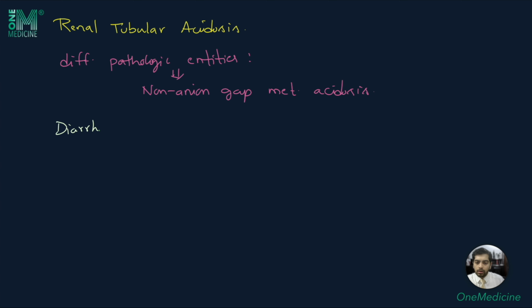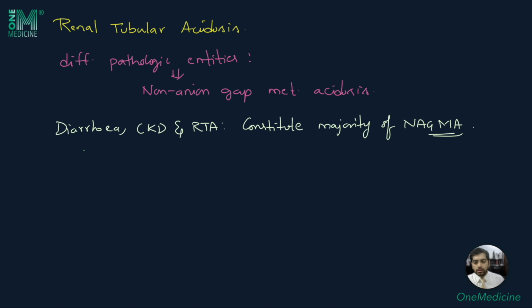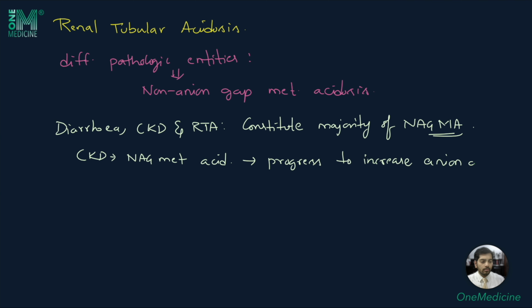Diarrhea, chronic kidney disease, and renal tubular acidosis together constitute majority of non-anion gap metabolic acidosis. CKDs usually present initially as non-anion gap metabolic acidosis and later on progress to increase anion gap.